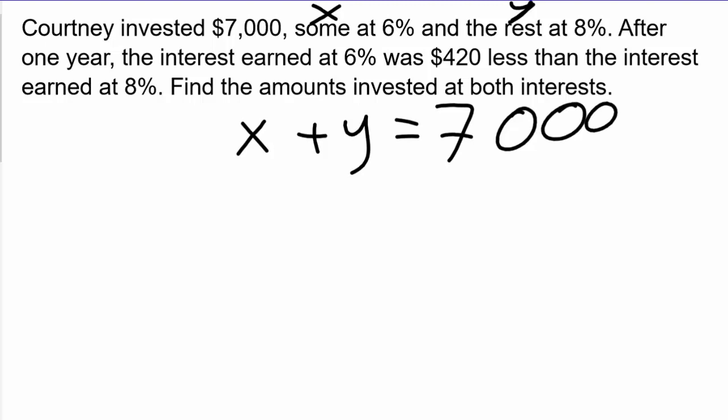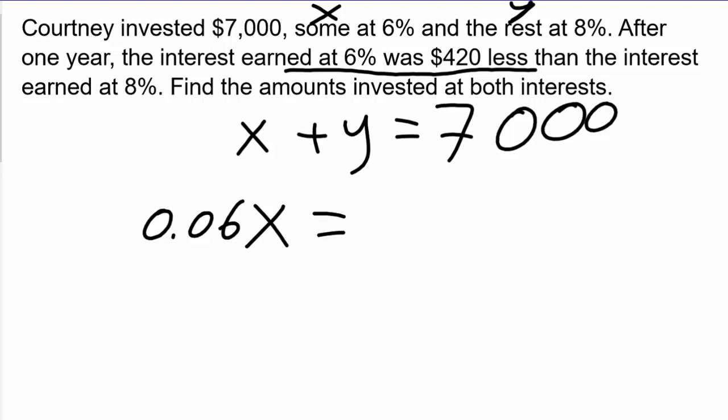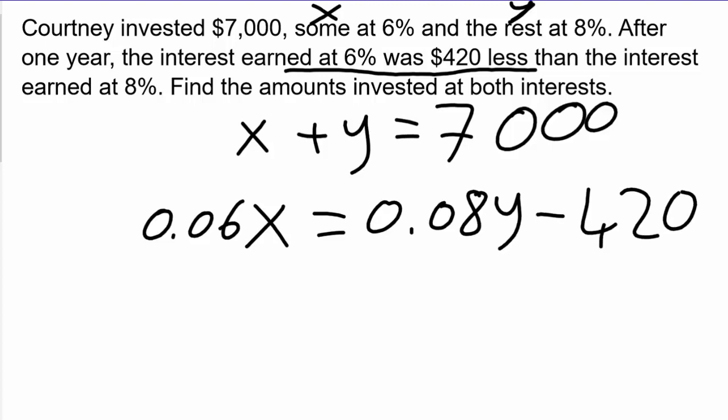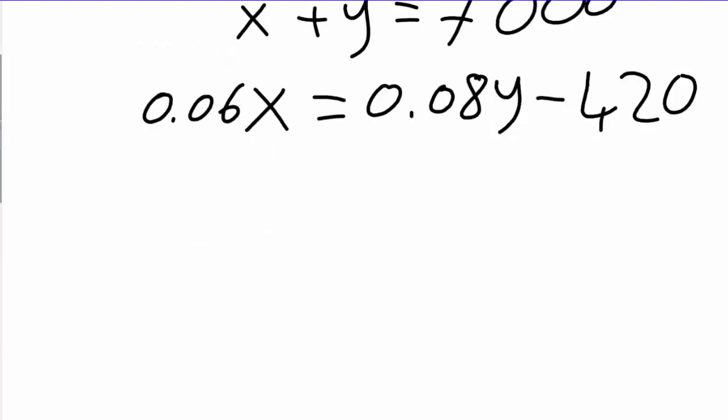After 1 year, the interest earned at 6% was $420 less than the interest earned at 8%, meaning 6% is equal to 0.06 and that's the x, right? This equals $420 less than 0.08y minus 420. That's the second equation. Once you figure out the equations, we just play with them to solve the system of equations.